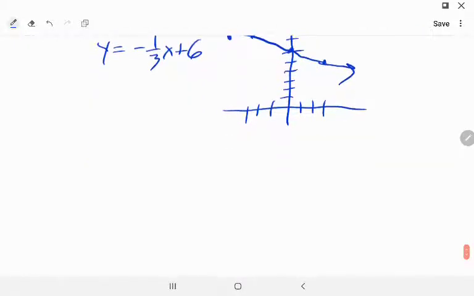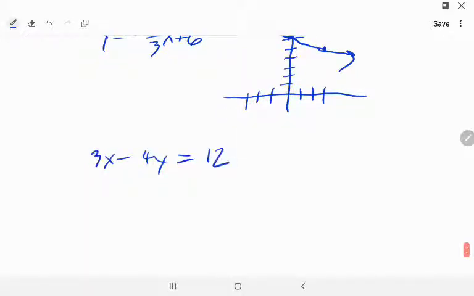So we also notice that if we were going to look at something like 3x minus 4y equals, make it 12, we notice that if we set x equal to 0, we're going to get a y-intercept.